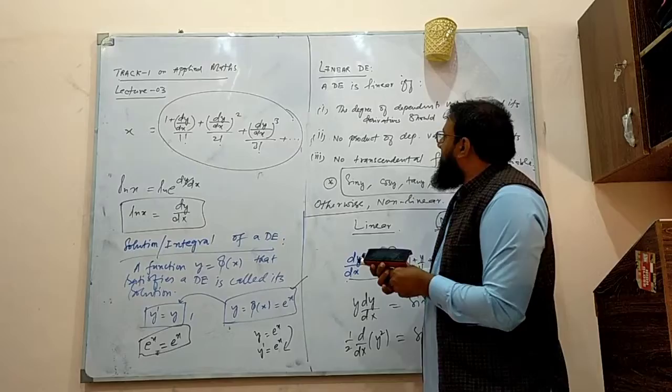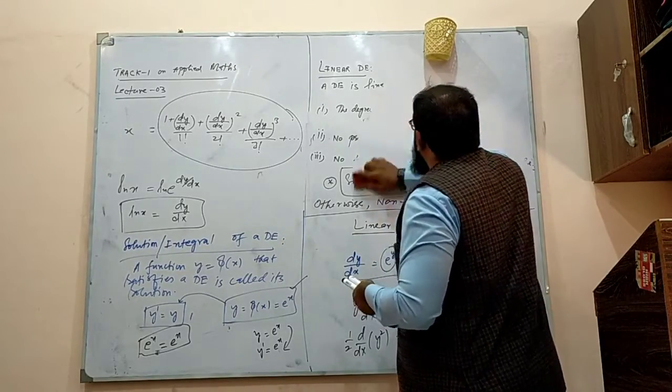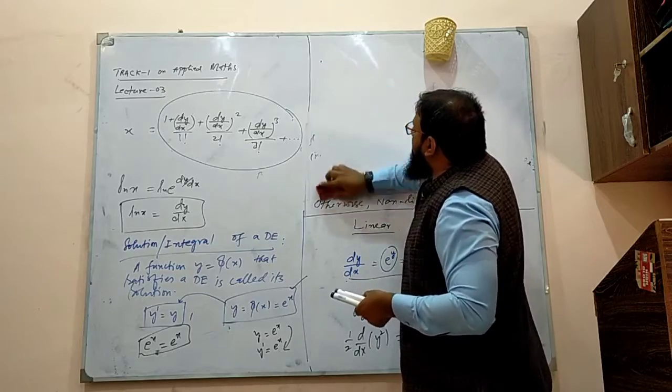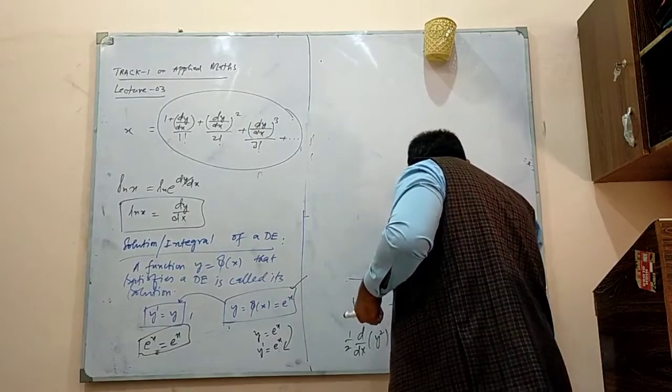Now how many types of solution are there? Our main goal would be to find those solutions, but sometimes you can also check whether a function is a solution to a differential equation or not.